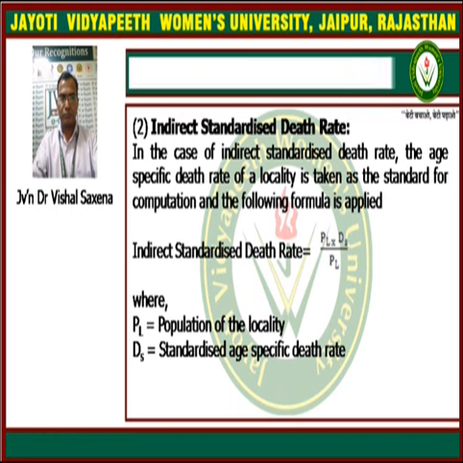Here this formula is given by PL into DS upon PL. So DS is showing here the standardized age specific death rate, while PL is showing the population of the locality.